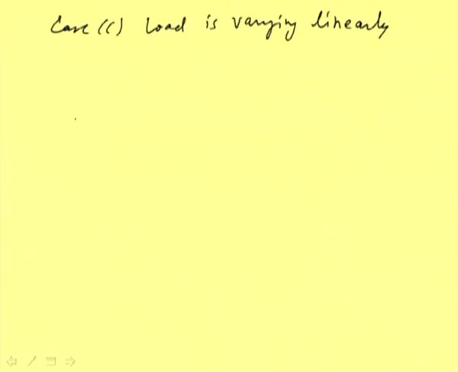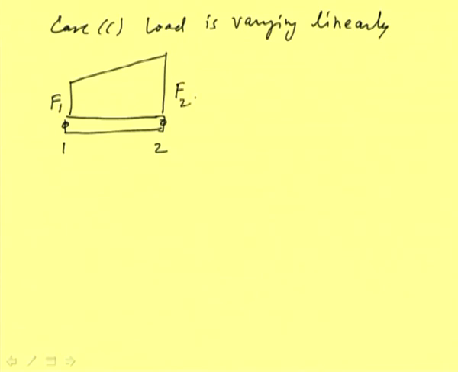For this case, this is the element and the load is varying from one end to another end. Let us say the amplitude here is F1, here it is F2, and in between it is varying linearly.